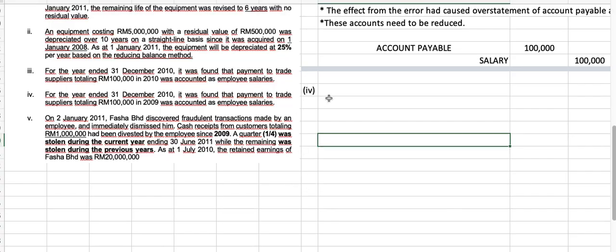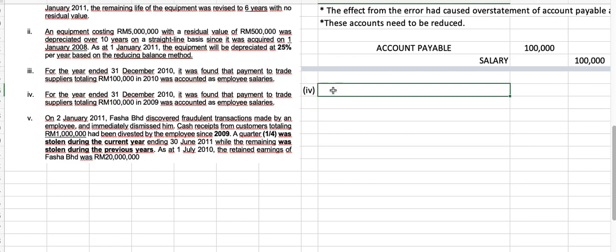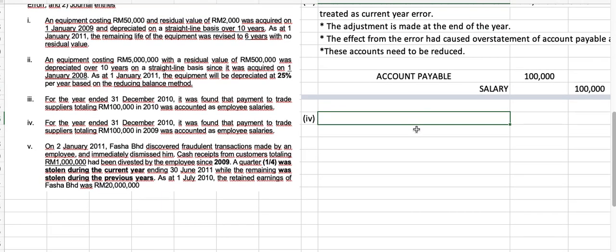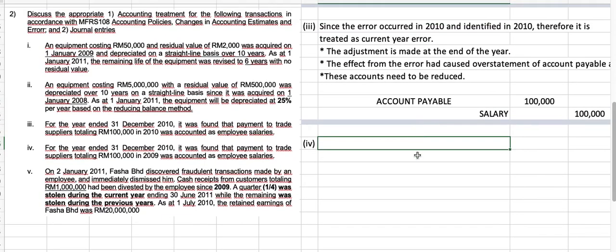Firstly, we answer the accounting treatment. So how do you answer this one? The error occurred in 2009 is treated as a previous year error.